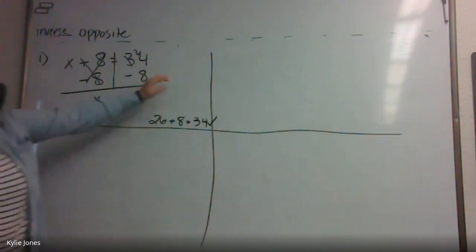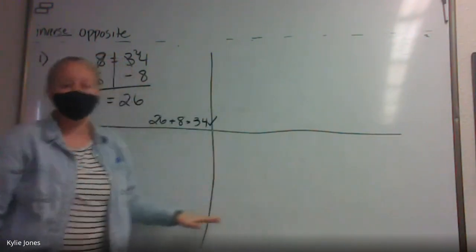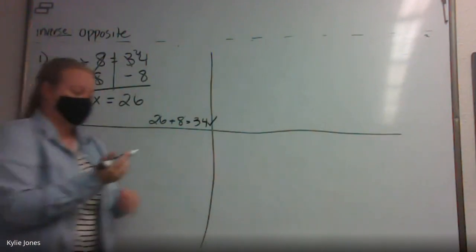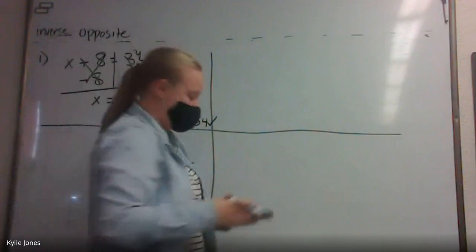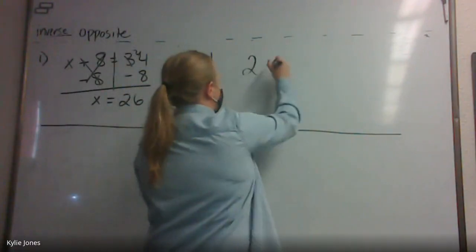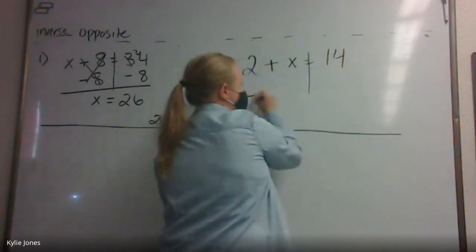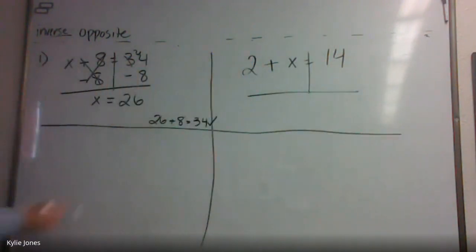So there's one example. I'm going to leave this up, and I'm going to put 3 more problems up that I want you guys to try. I'll give you a few minutes to try them on your own. So our next one: let's do 2 plus x equals 14. Solve that one. This is number 2.